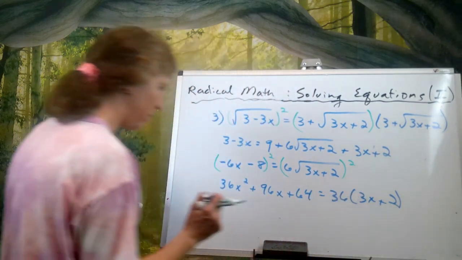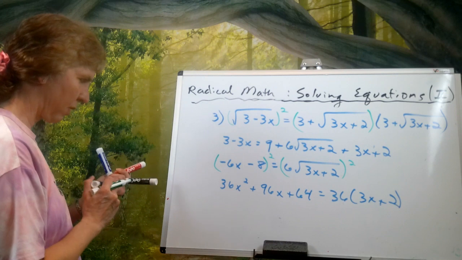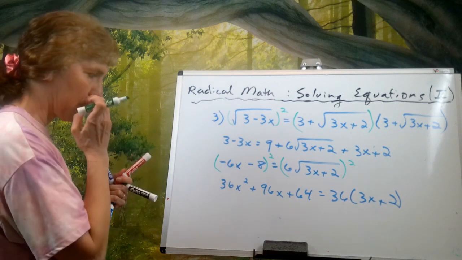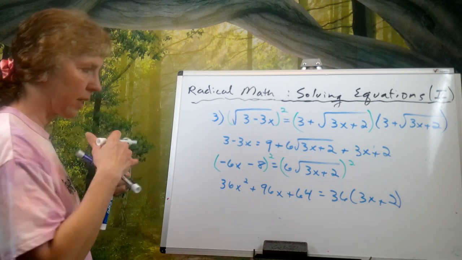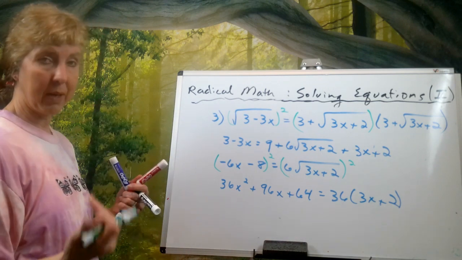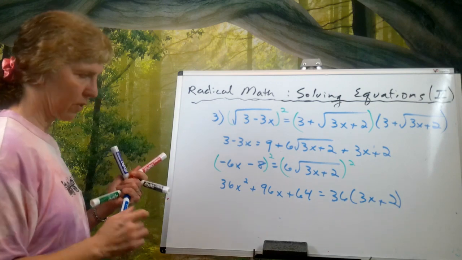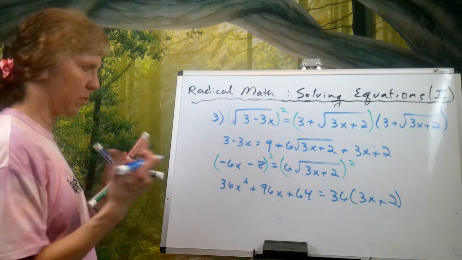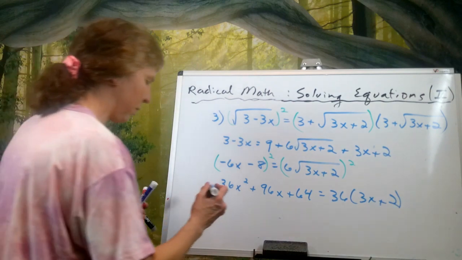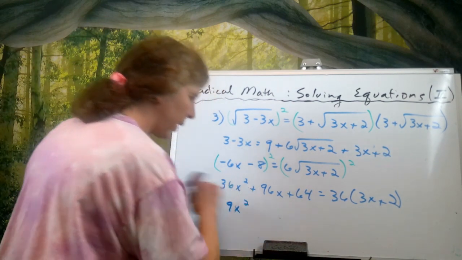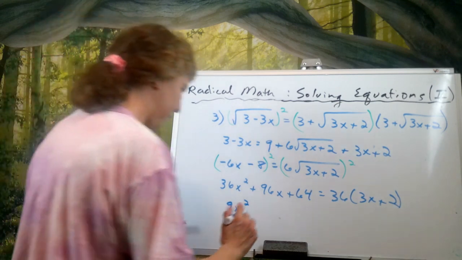Now, because I'm doing this in front of you, I want to simplify my math out quite a bit. So I'm going to divide everybody through by 4, and that's just going to keep my math easier. You don't have to do that step, but like I said, I'm doing this without a calculator in front of me, so hopefully I can keep up with the math. So I'm dividing everybody through by 4.